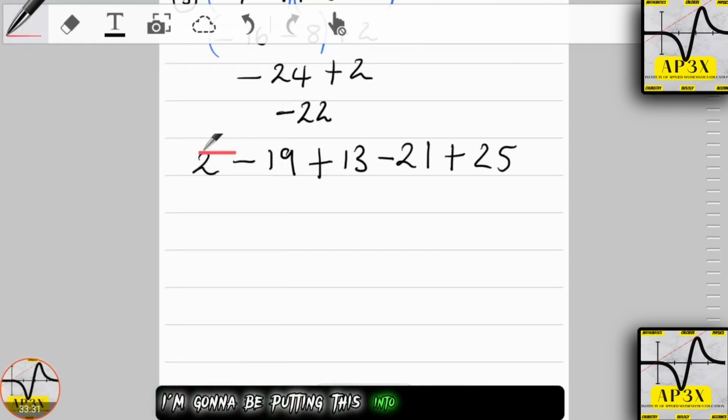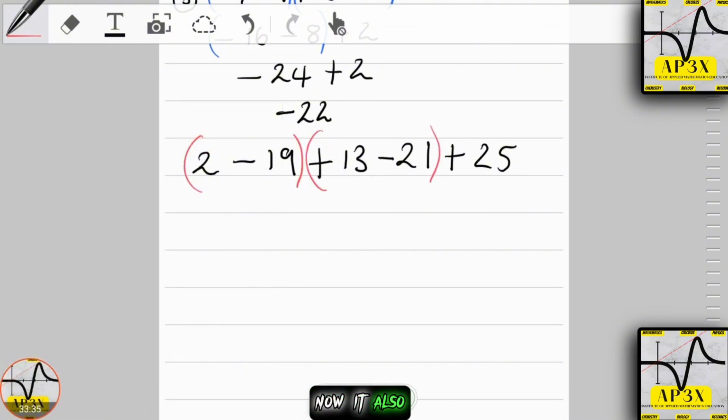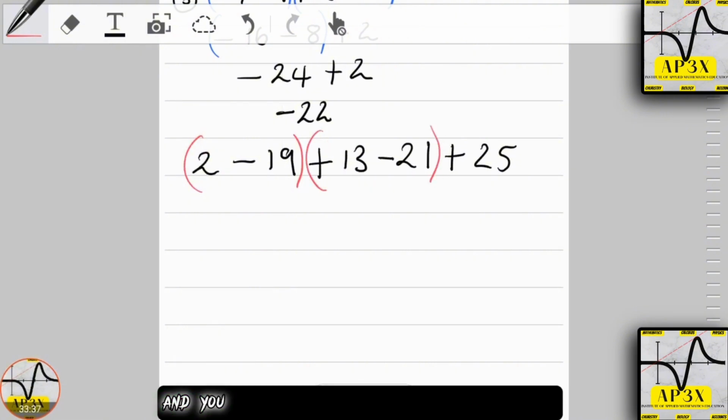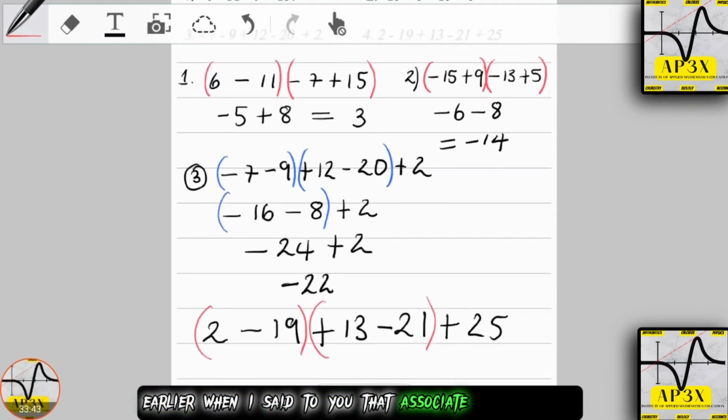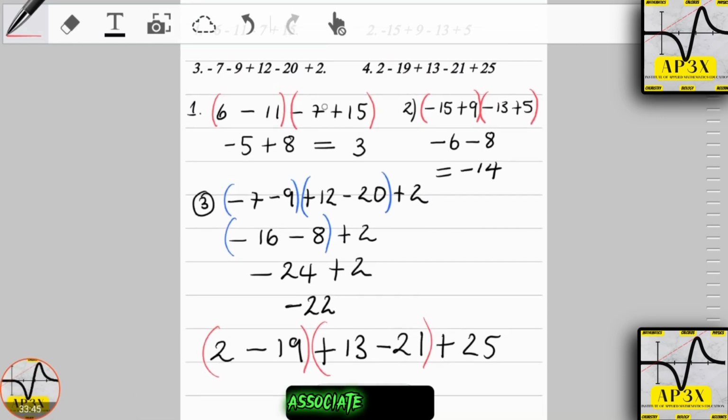We're going to be putting this into groups of 2 here. It also must be mentioned that there's a lot of things you are learning in this particular video. Earlier when I said to associate the sign with the number that it is in front of, for the negative sign, it can significantly affect your answer.